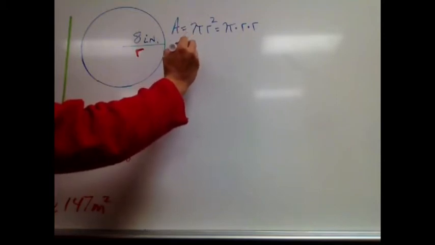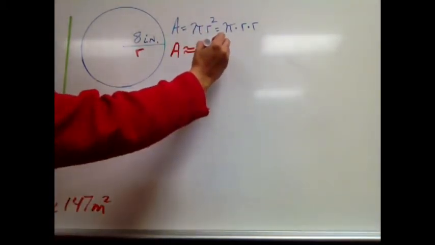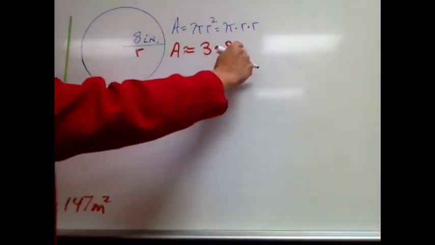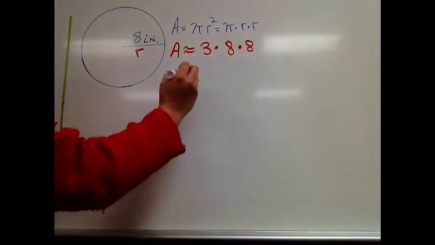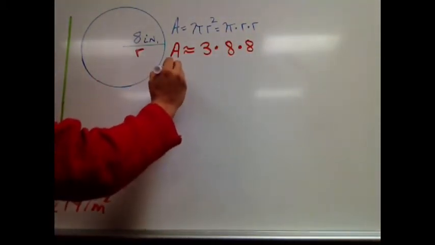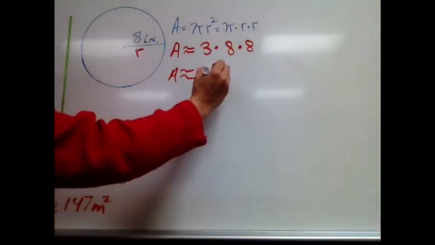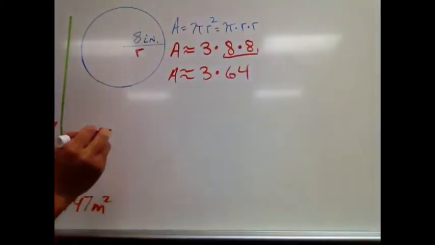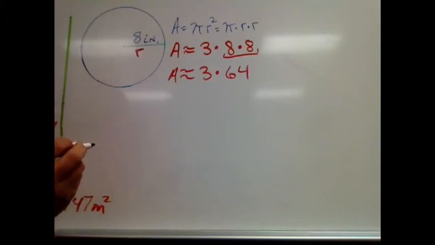Area is equal to about 3 times r, which is 8, times 8. So 8 times 8 is equal to 64. And then 3 times 64 is 192.